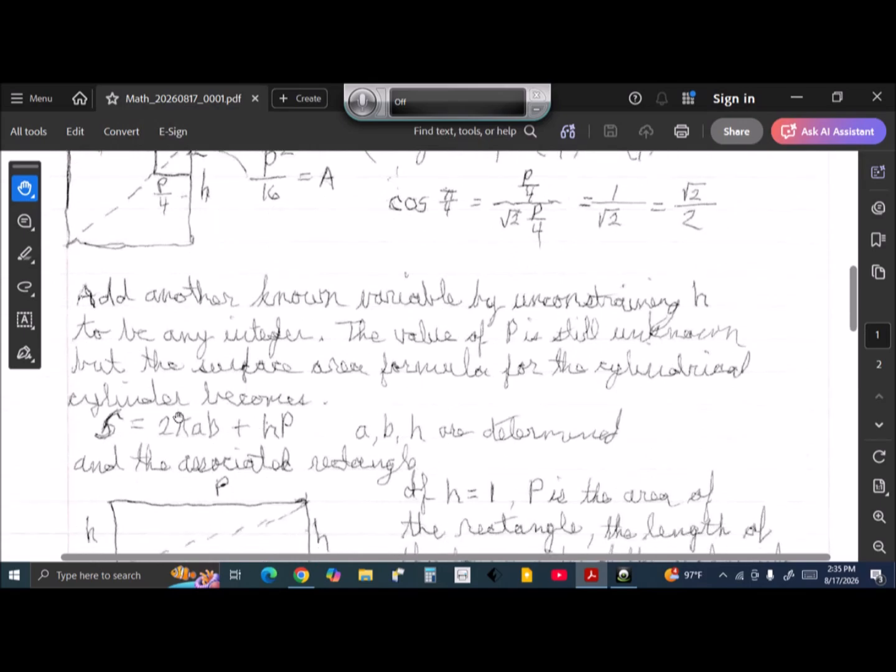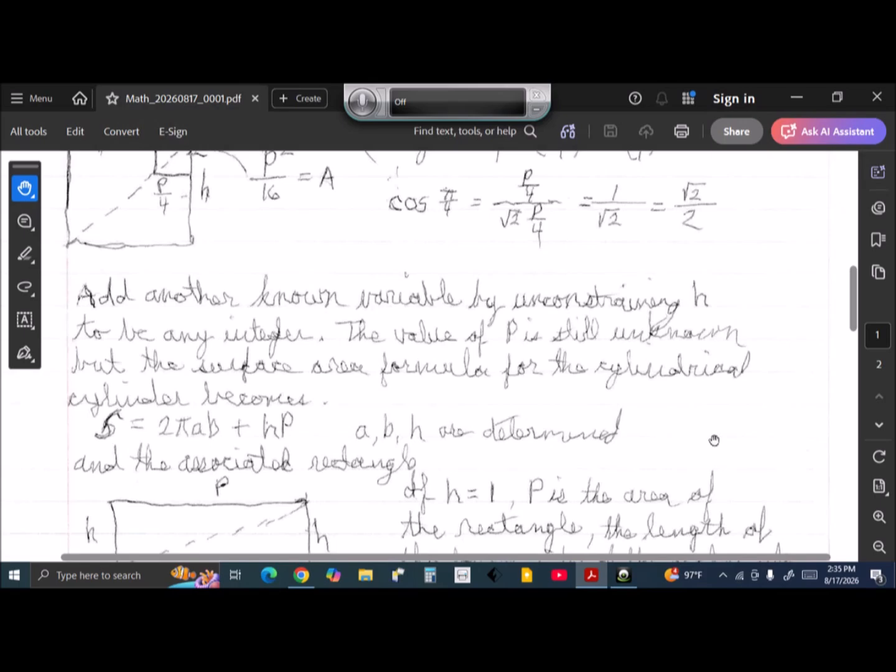And now the surface area formula for an elliptical cylinder would be 2 pi AB, the top and the bottom, plus the height times the perimeter, where now we have A, B, and H to be determined. So we've got another number to work with.